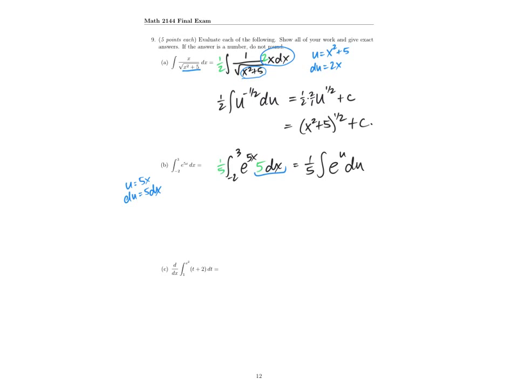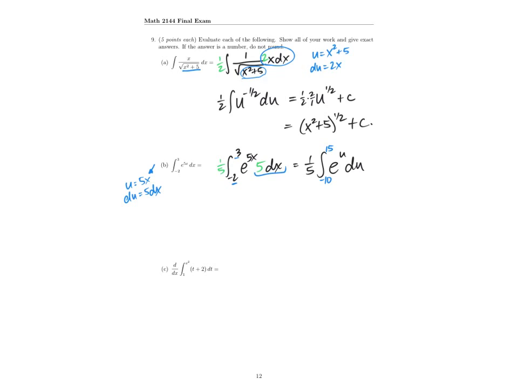And note that these bounds are x values, but I want my bounds to be made into u values. So if x is 3, I plug x in here, u is 5 times 3, and so u is 15. And if x is -2, I can plug that in also. 5 times -2 is -10. And so I don't need to go back to x's anymore. I could just do everything in terms of u from now on.